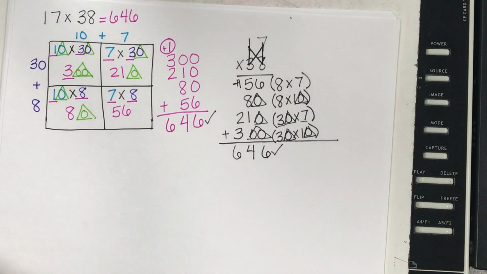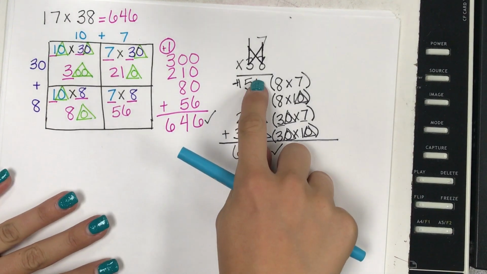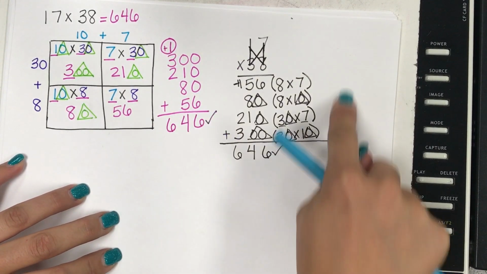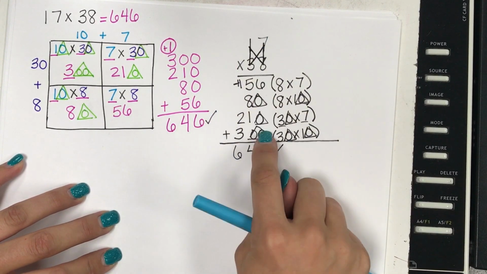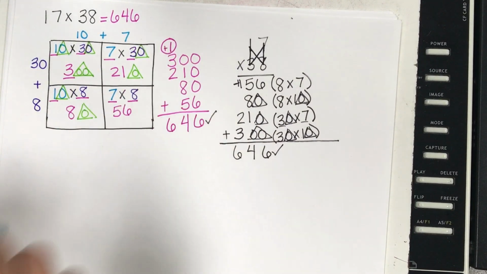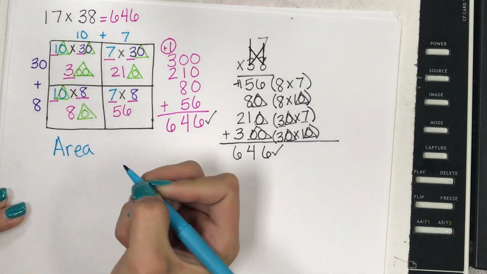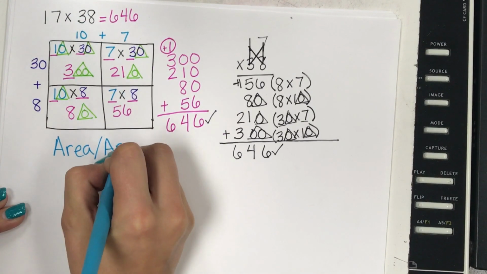Did I multiply all the same parts? Yes. How many numbers did I have here to add up whenever I did it with this strategy? 4. How many with my array model? 4. Okay. Area array model.